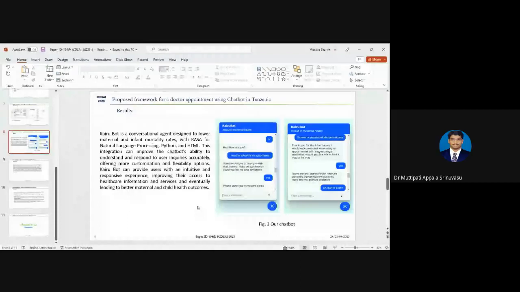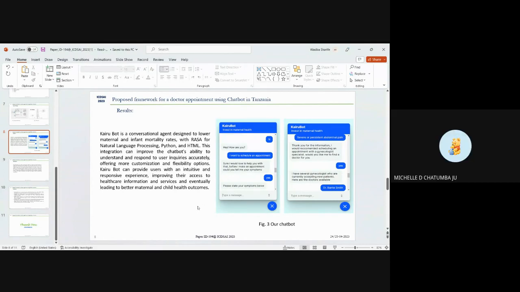The chatbot: if I give symptoms which are not related to maternal health, then what result it will give?